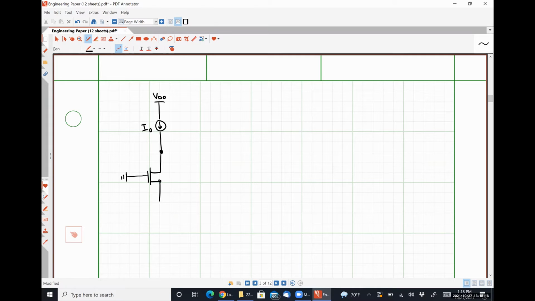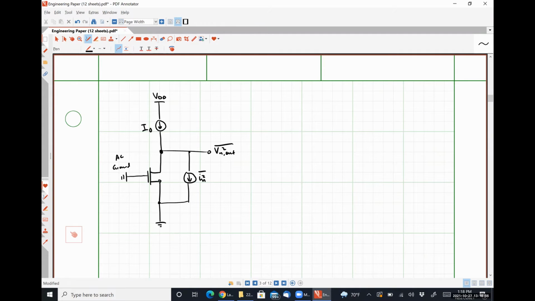I'm going to call the gate terminal here specifically AC ground. What I mean is our transistor is biased in such a way that it will be in saturation, but we are shorting out whatever small signal input we have, because we want to see only the effects of the noise voltage at the output, right?